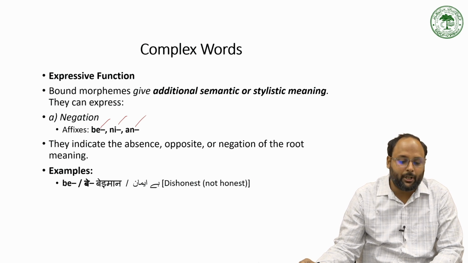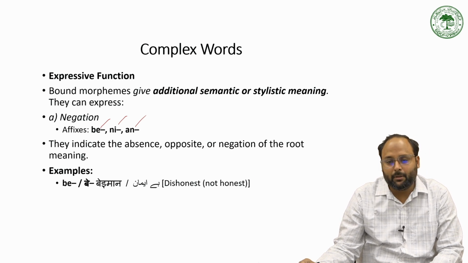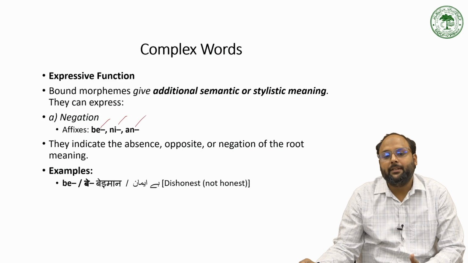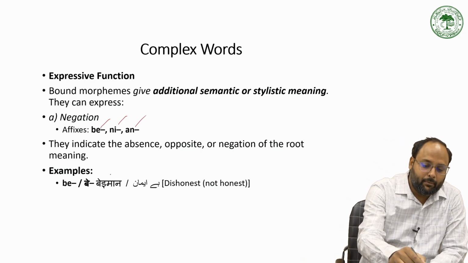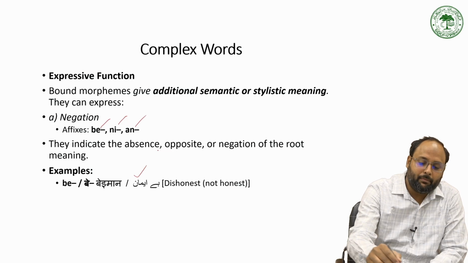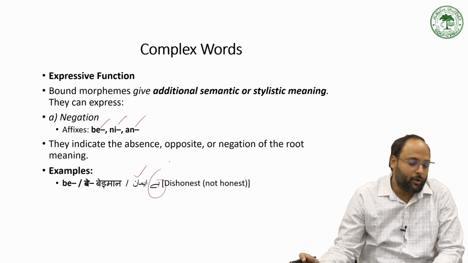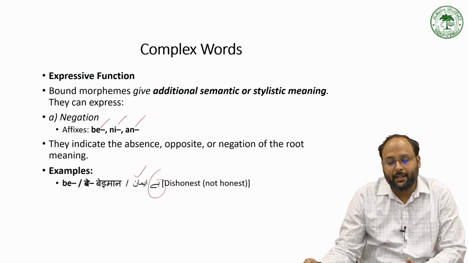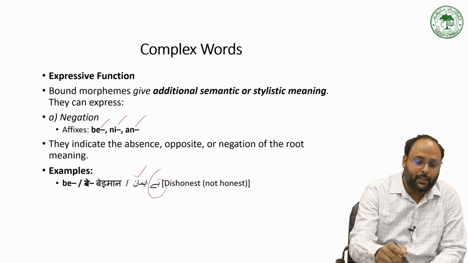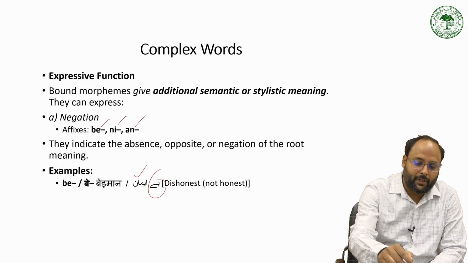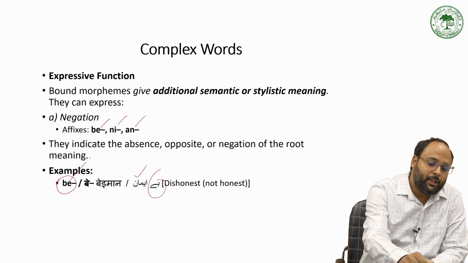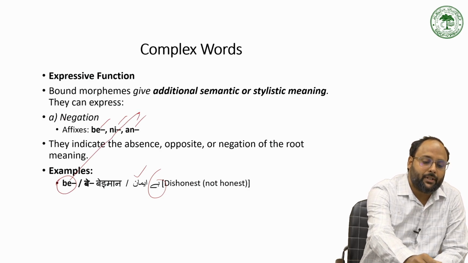Like the word beiman: be is the prefix which creates the function of negation. In this word, iman is the free morpheme and be is the bond morpheme, the prefix. When you add the prefix be to iman, it becomes beiman, and this prefix gives the meaning of negation.